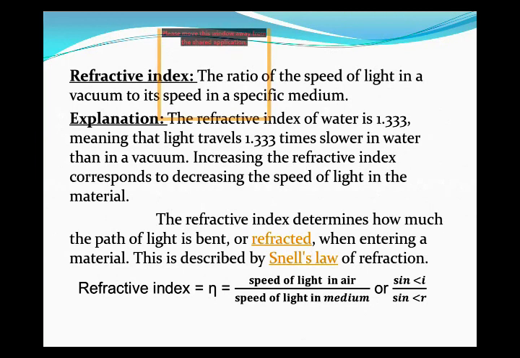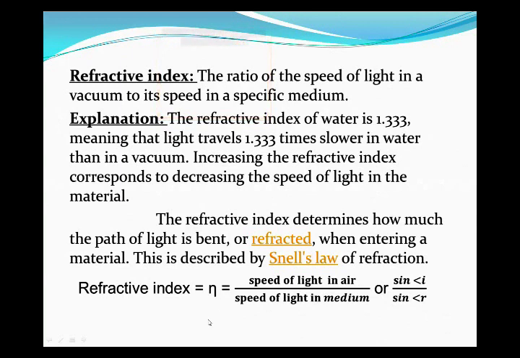Again, I'm repeating the formula for the refractive index. Refractive index, small n, is equal to the speed of light in air upon the speed of light in medium, or also sine angle i upon sine angle r.